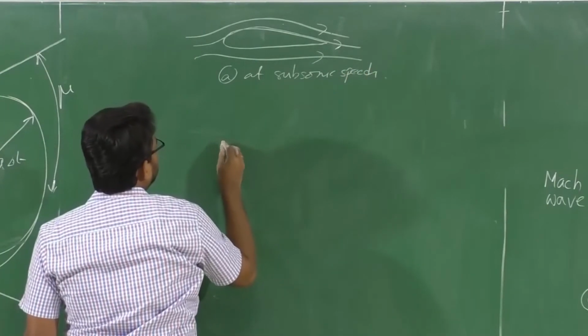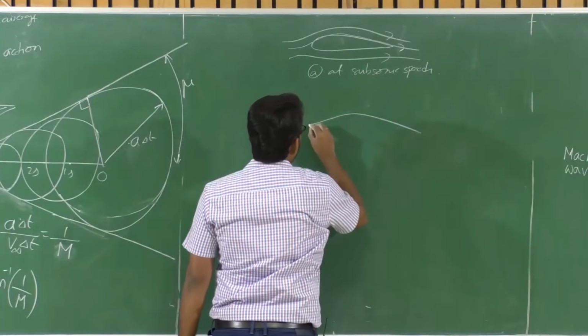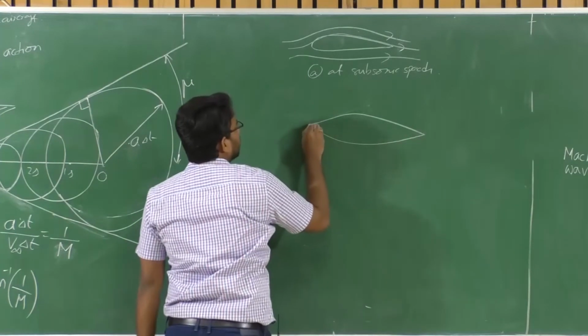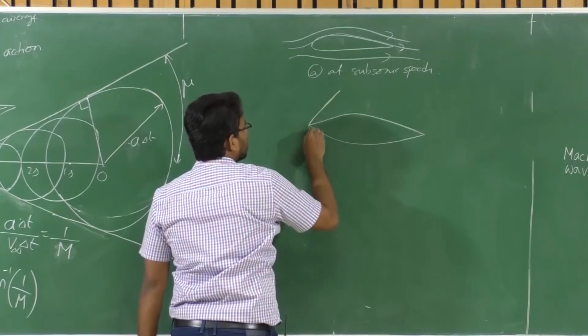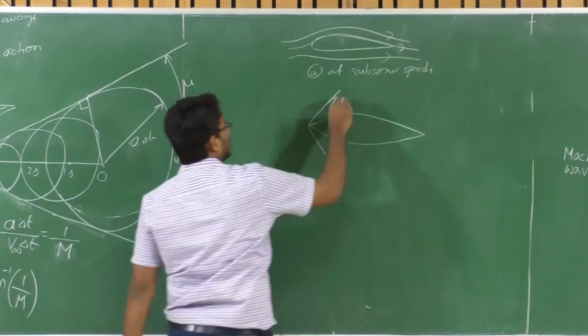At supersonic speeds, if the leading edge of the airfoil is sharp enough, then you'll have an attached shock to it. So if the leading edge is sharp enough, you have an attached shock.